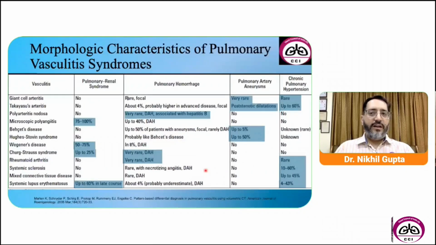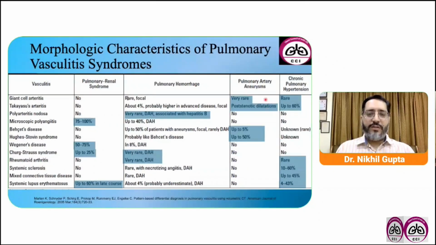These are the clinical characteristics of pulmonary vasculitis syndromes. Pulmonary renal syndrome is seen in Goodpasture's, microscopic polyangiitis, Wegener's, Churg-Strauss, or SLE. Similarly, pulmonary hemorrhage can be seen in any of these, and it is generally rare in rheumatoid arthritis, Churg-Strauss, and polyarteritis nodosa.